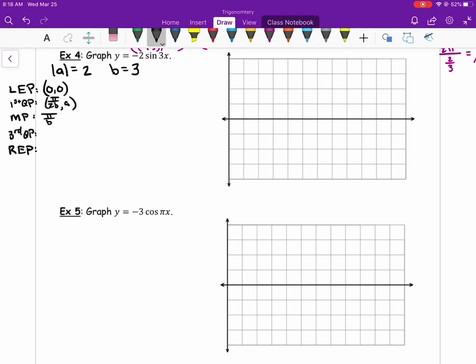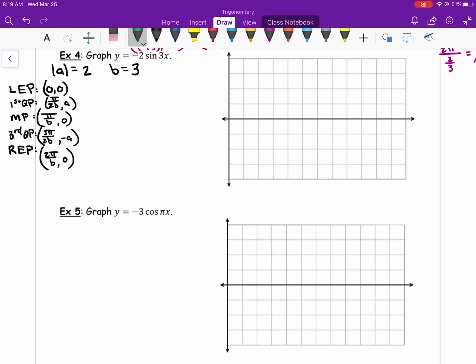Midpoint is pi over b, 0. Third quarter point is 3 pi over 2b, -a. Right endpoint is 2 pi over b, 0.